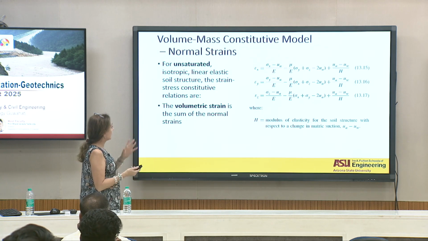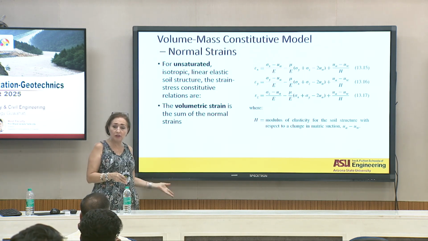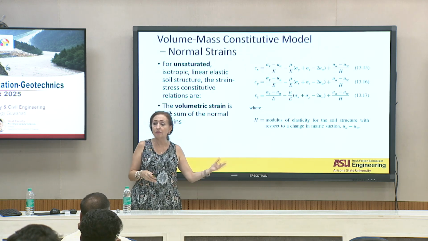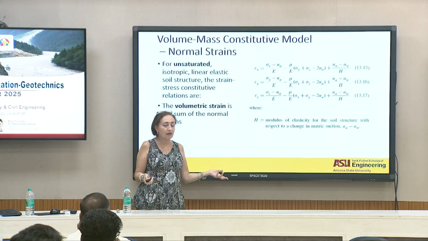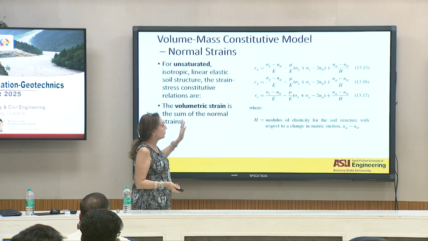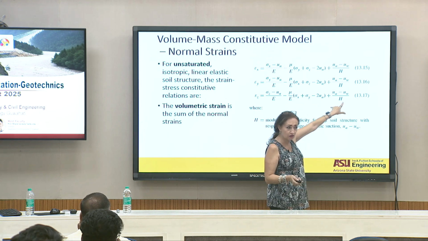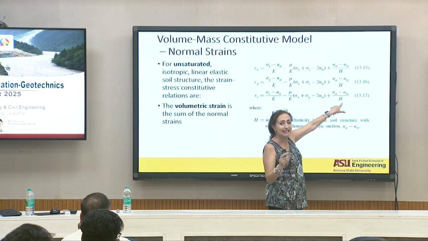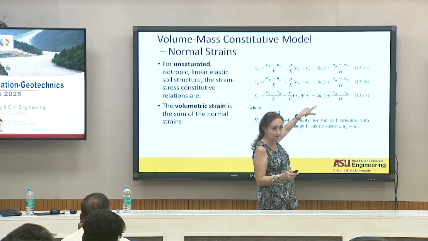So the volumetric strain is going to be the sum of the normal strains, the same way as we did before for saturated soils, we're going to do here again for unsaturated soils. But now we're going to have the extra contribution of the strain due to the change in suction, separated from the change in the normal stress, okay?